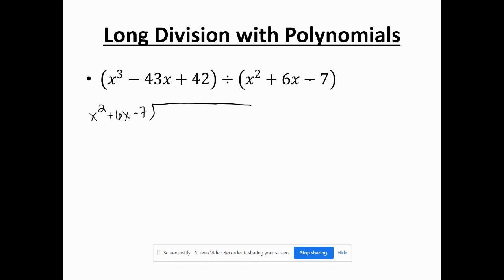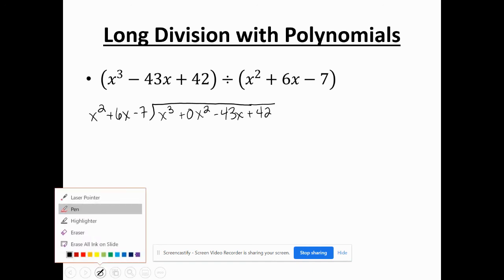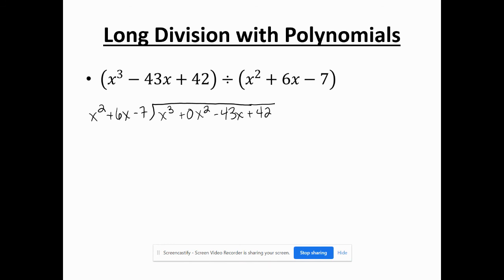So the shortcut wouldn't work for this one. Okay, one thing I notice is that I don't have an x squared here, so I'm going to put in that placeholder of 0x. And now let's get started.